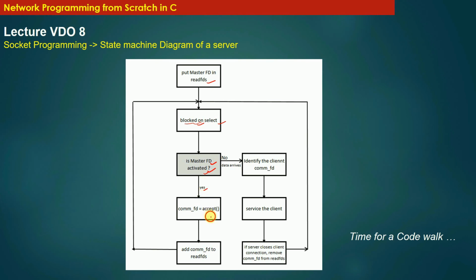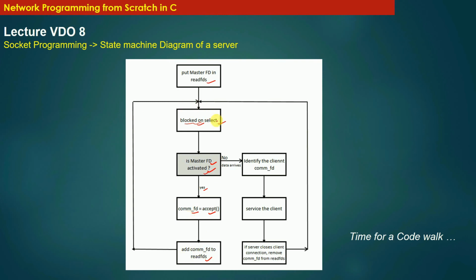When this condition is true, the server calls the accept system call, that is, it establishes the connection with the client. And the return value of the accept system call is the communication file descriptor. Using this return value, the server will talk with the newly connected client for the rest of the lifetime of the connection. So this communication file descriptor is added to the read FDS set. At this point of time, the read FDS set will have a master socket file descriptor as well as the communication file descriptor.